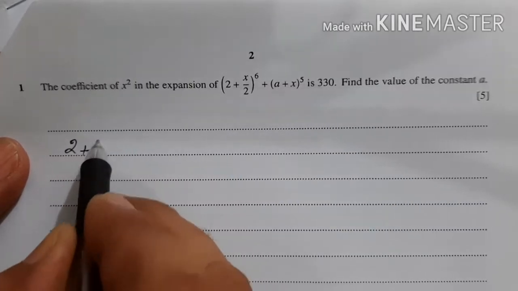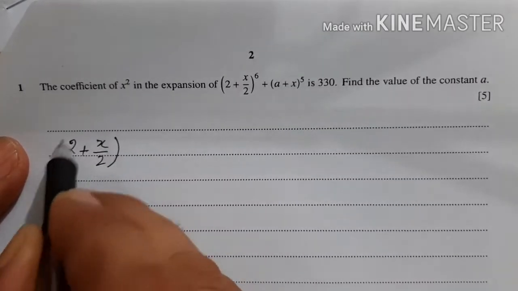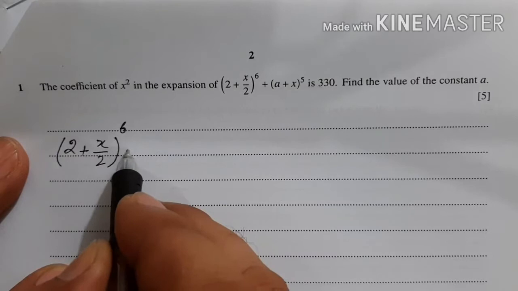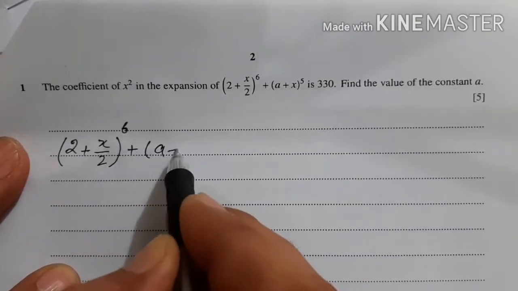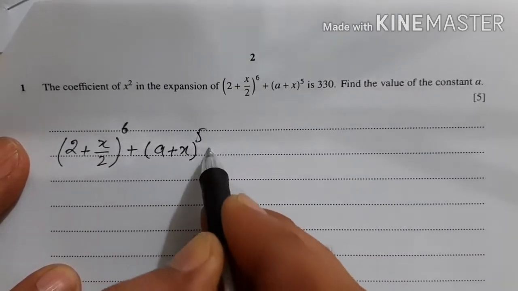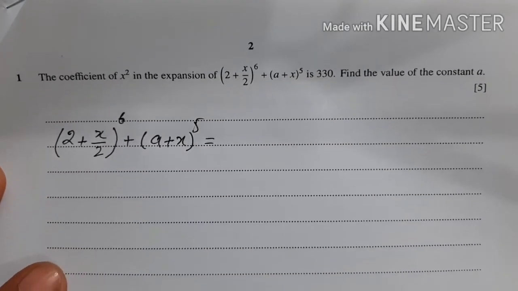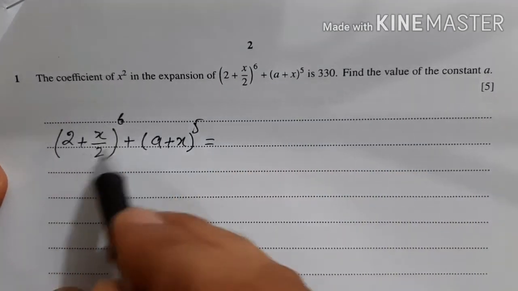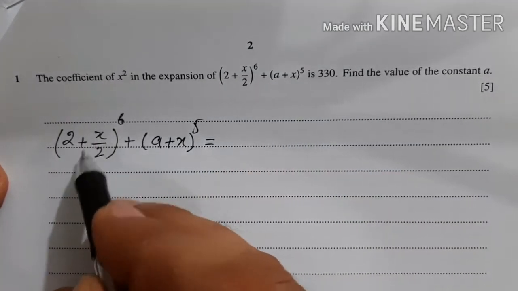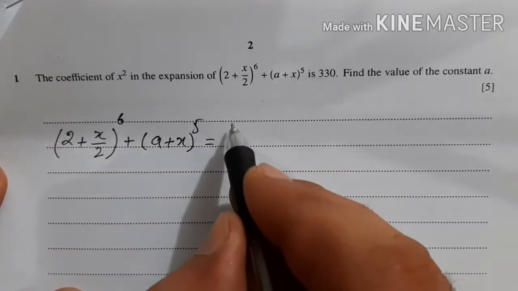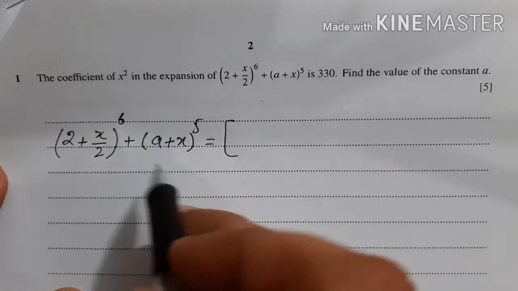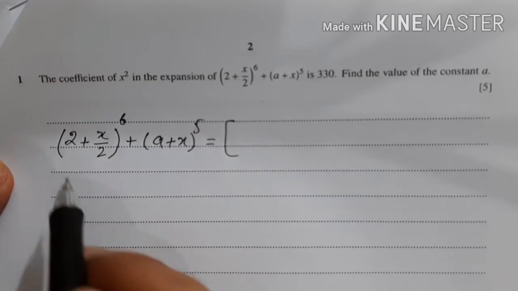(2 + x/2)^6 + (a + x)^5 is equal to, first of all I'll expand this term by binomial expansion. I hope everyone knows the formula of binomial expansion.